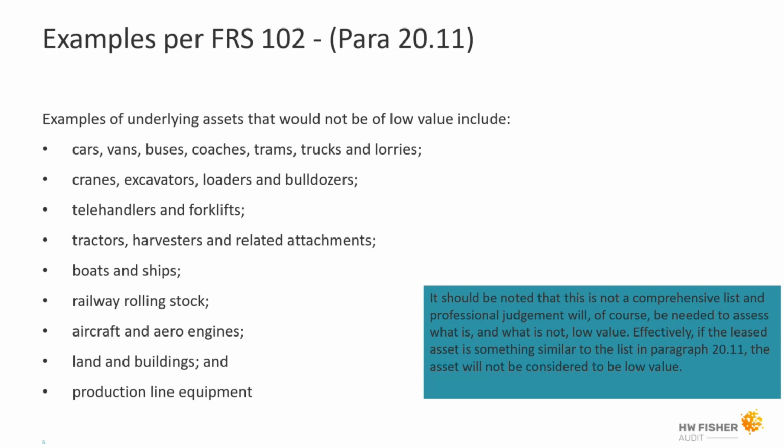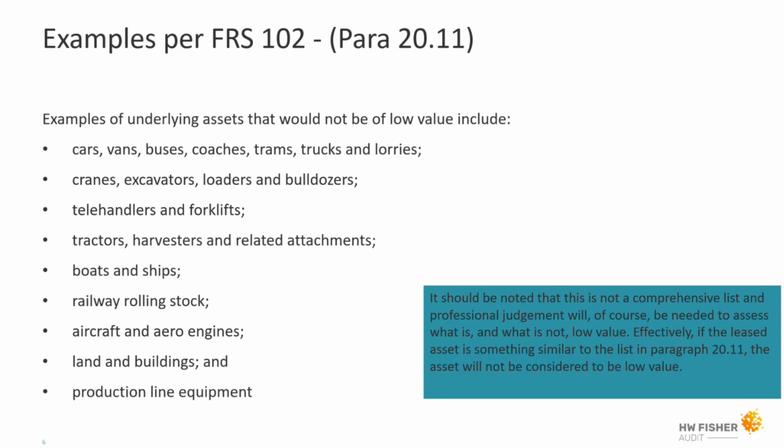IFRS, when they brought this in eight or so years ago, they had a number around about $5,000 in there as a guidance point. It wasn't a must, but that was the guiding point, and that gives us a sense and an idea of what a low value lease might be.